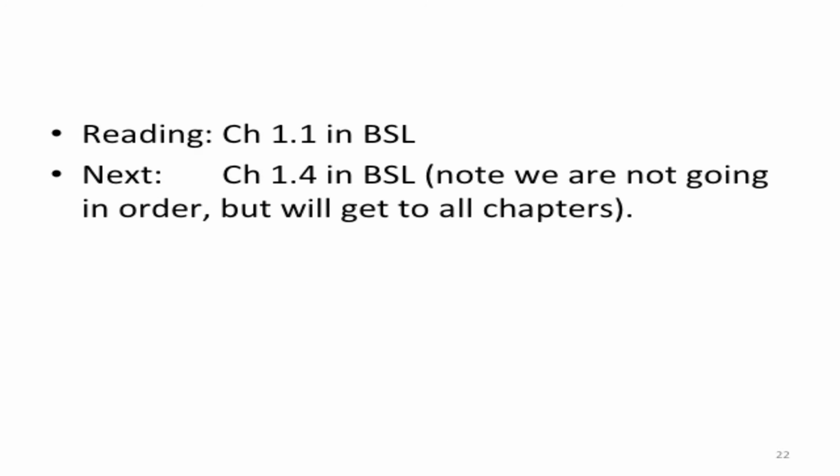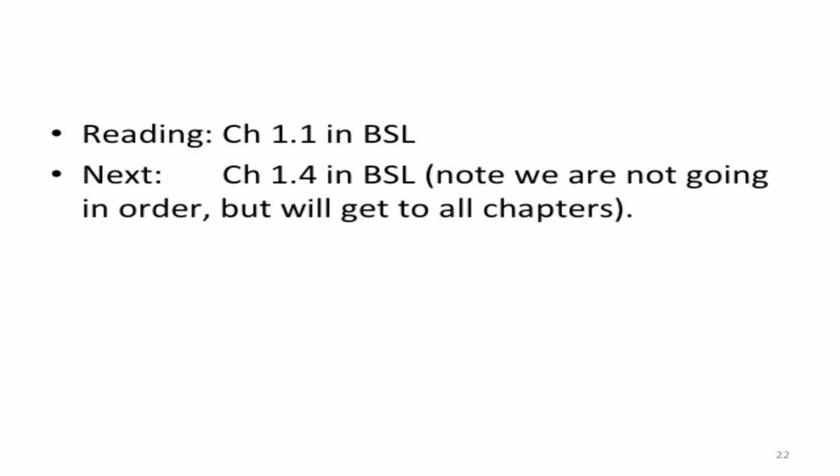All right. For your reading, please go to chapter 1.1, and next will be chapter 1.4. I will just test my system because I will start writing next time. I would like you to read chapter 1.4 before Wednesday.